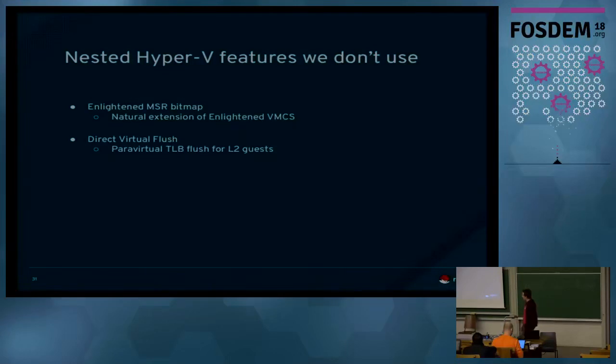And again, the problem is exactly the same as with the normal VMCS: when our level 1 hypervisor edits the structure, we don't really know what was changed there. So we have to go through the whole page and check all the bits to see if something was changed. Maybe nothing was changed, but we don't know.